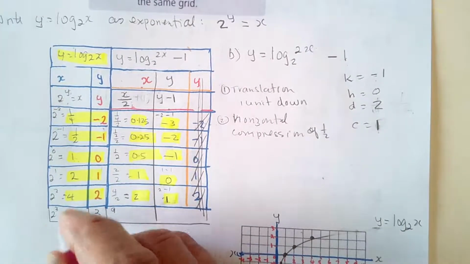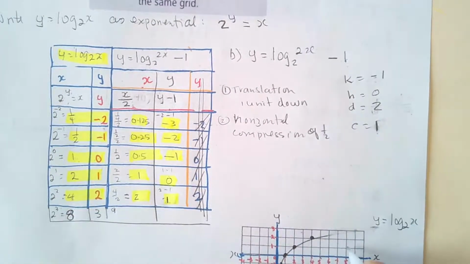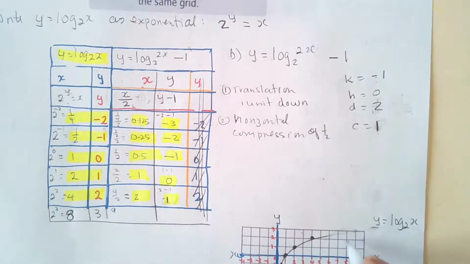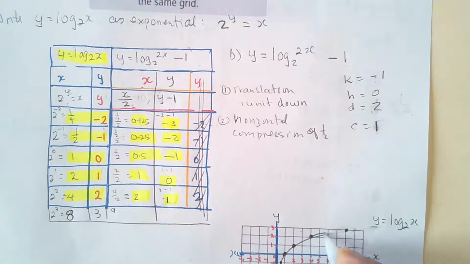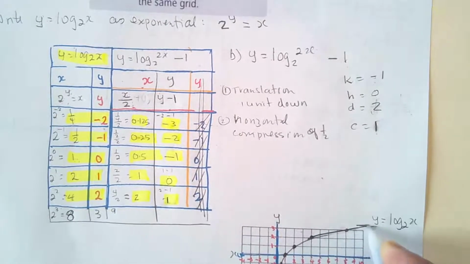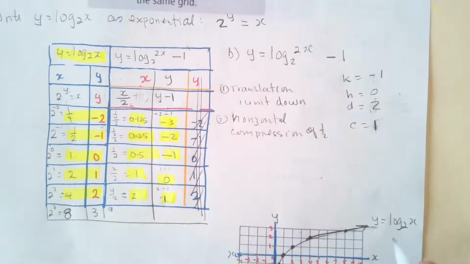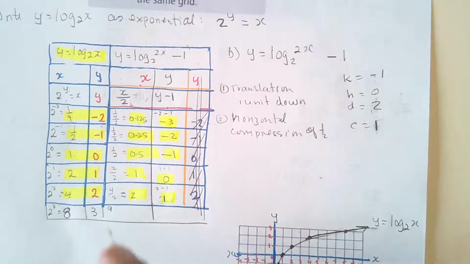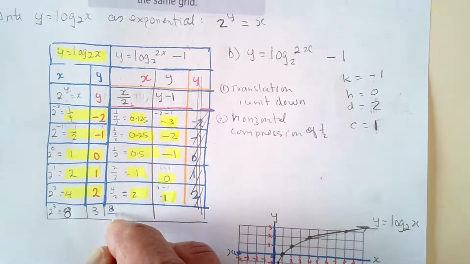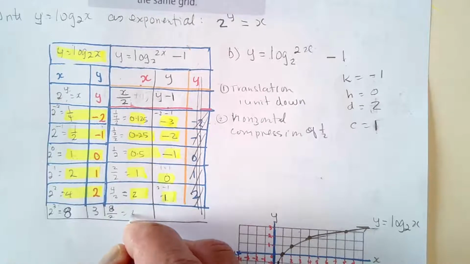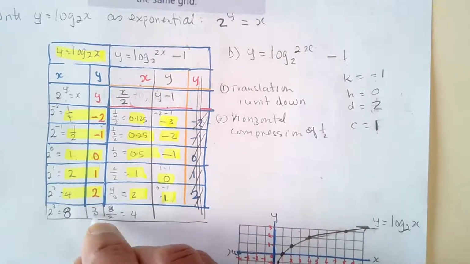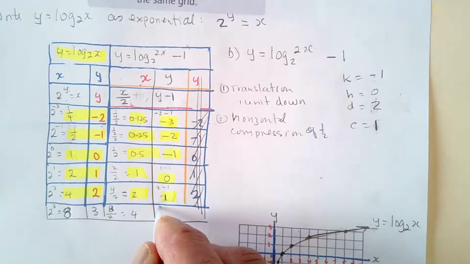It's a mistake here. 2 to the power 3 is 8. So there's my graph. Now that's a corrected graph. Good thing I did it in pencil. Now this can be 8 divided by 2, which is 4. 3 minus 1 gives me 2.